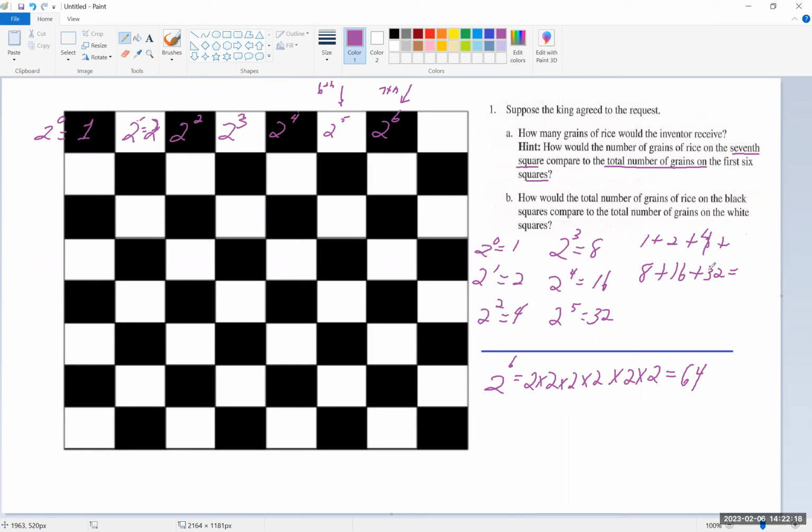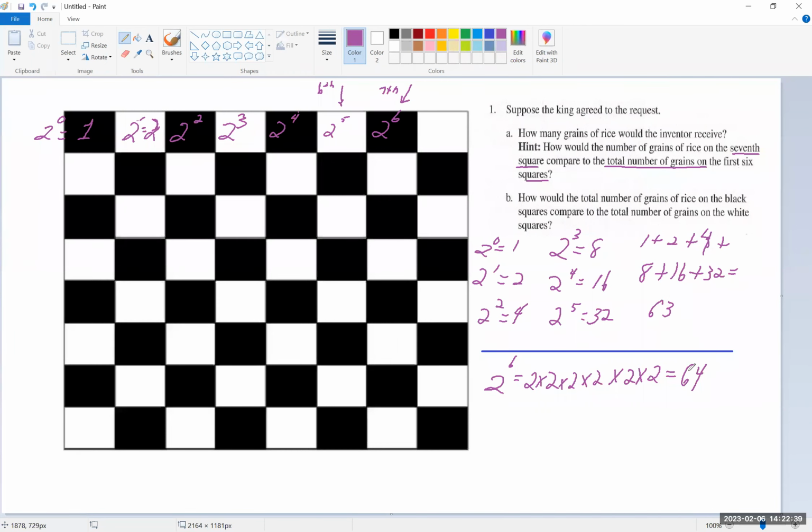Let's see what that is. It's easier for me to work backwards. I can work with big numbers. 32 plus 16 is 48. 48 plus 8 is 56. 56 plus 4 is 60, plus 2 and 1 is 63.